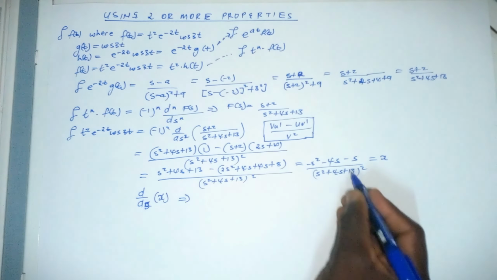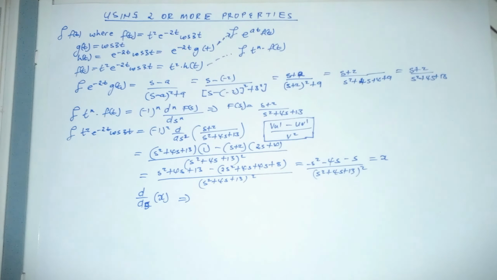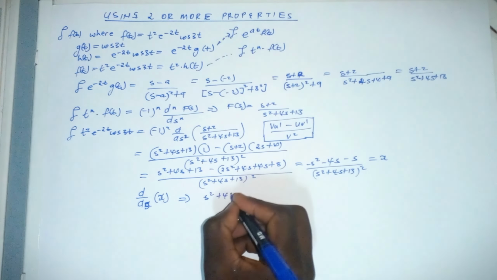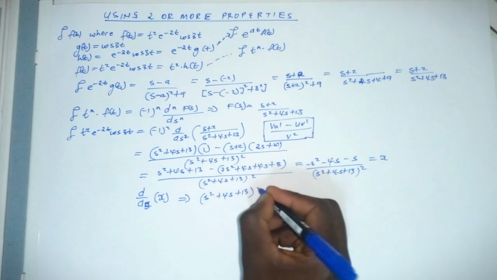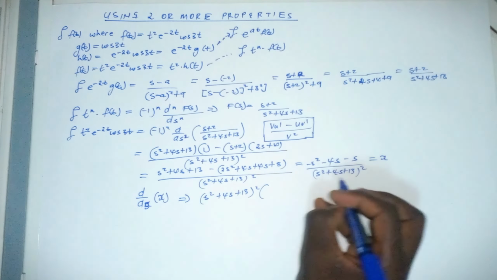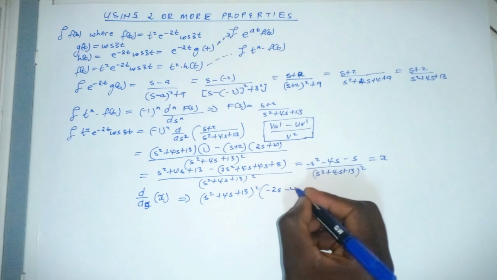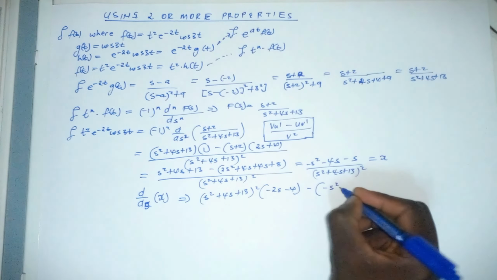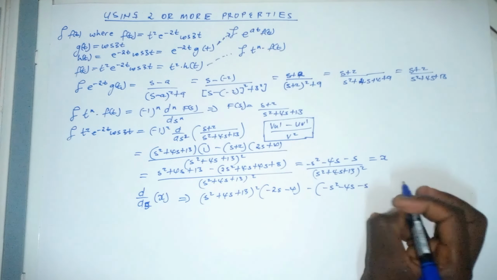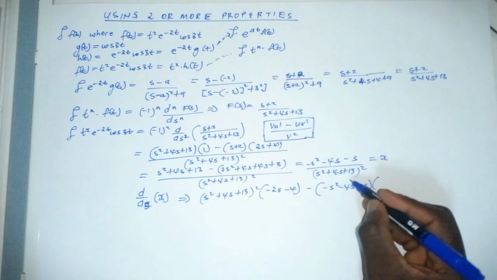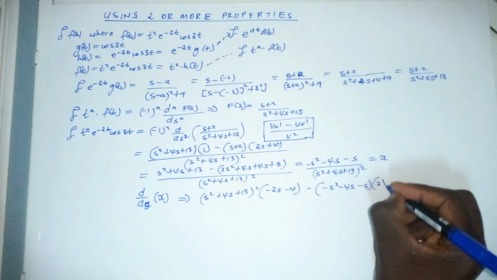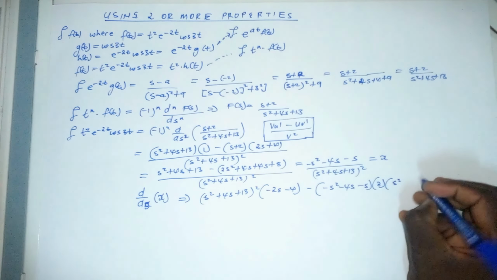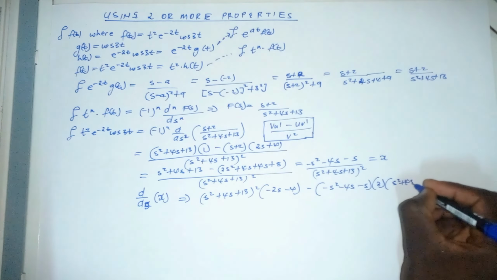Okay, so if we differentiate this using the quotient rule, v, which is (s squared plus 4s plus 13) squared, times the derivative of the numerator, which is negative 2s minus 4, minus the numerator, negative s squared minus 4s minus 5, times the derivative of the denominator. I'm going to drop the power and I'm going to have 2, and here I'm going to multiply by the original function, which is s squared plus 4s plus 13.